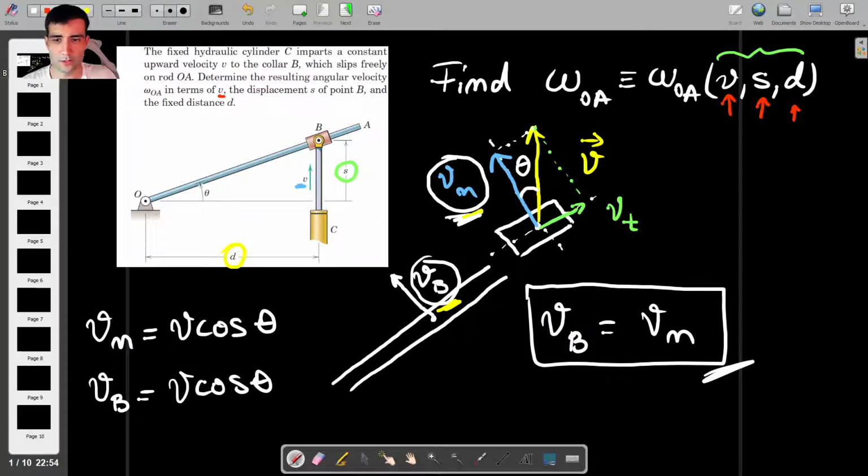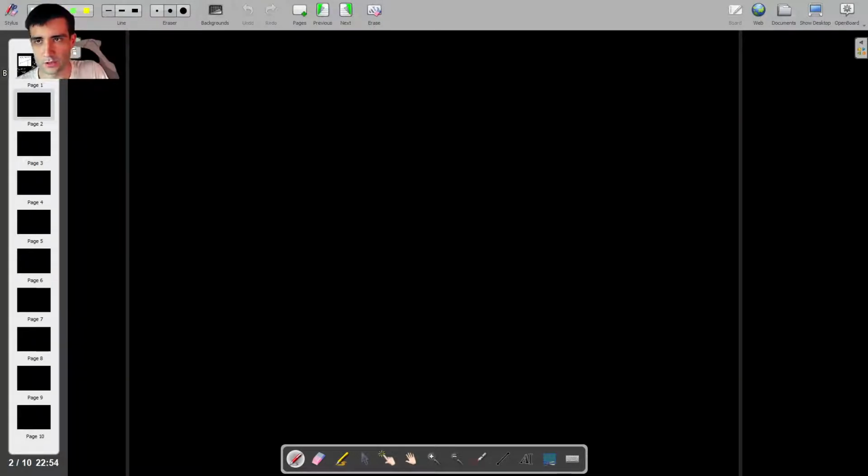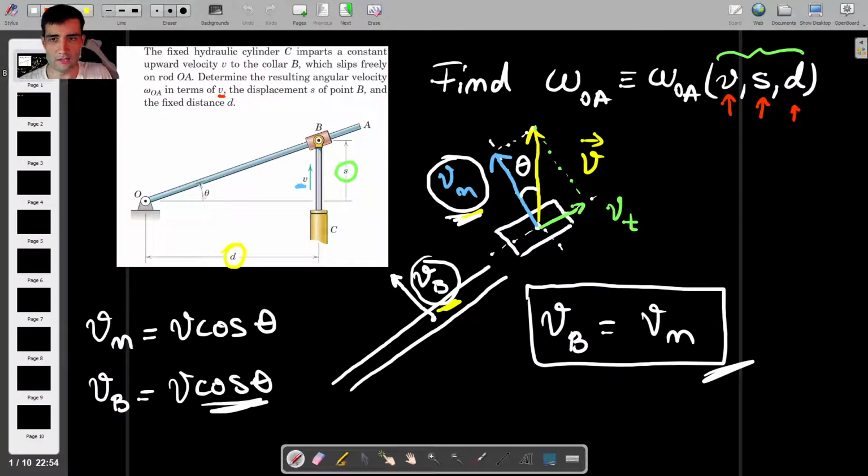Now, the only thing we still don't know is what cosine of theta is, because theta is given to us, but we have to use the other things. So what we're going to do here is say that cosine of theta equals, and this is a right triangle, which means that cosine of theta is the adjacent side divided by the hypotenuse.